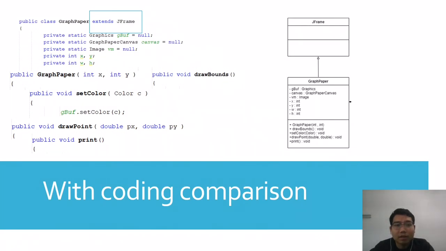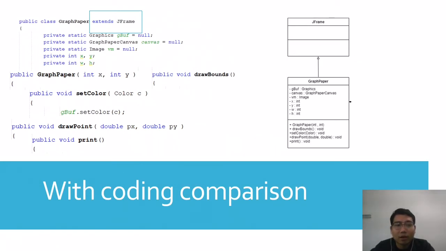7 private attributes that need to be created or written. So you can see we have debug, canvas, VM, X, Y, W, H. All these private attributes have been written in the GraphPaper class. And for the public, we have only 5 public members that will be written in this class.